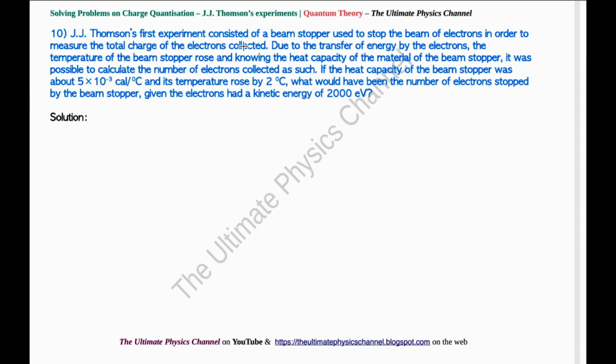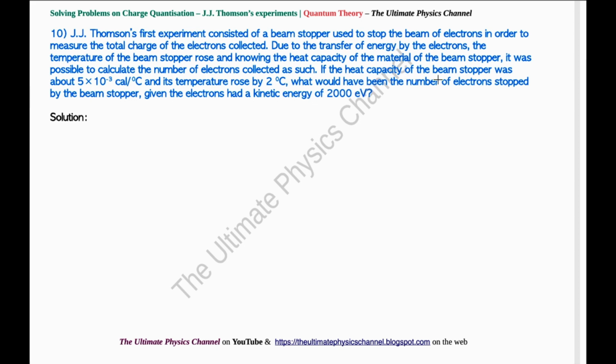But the first experiment consisted of a beam stopper used to collect the electron beam, stopping the beam of electrons and collecting them in order to measure the total charge of the electrons collected. Due to the transfer of energy by the electrons, the temperature of the beam stopper rose, and knowing the heat capacity of the material of the beam stopper, it was possible to calculate the number of electrons collected by this beam stopper.